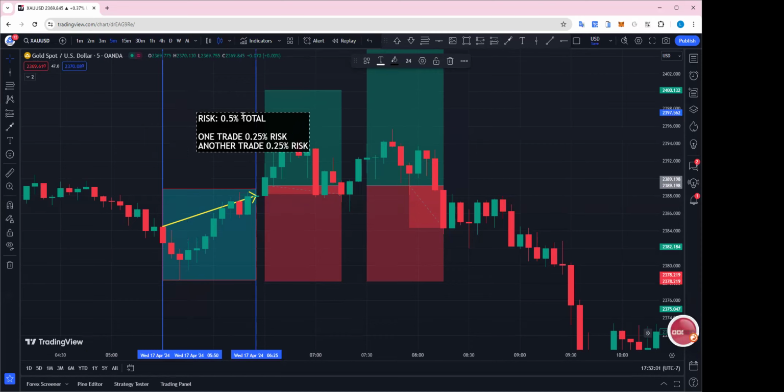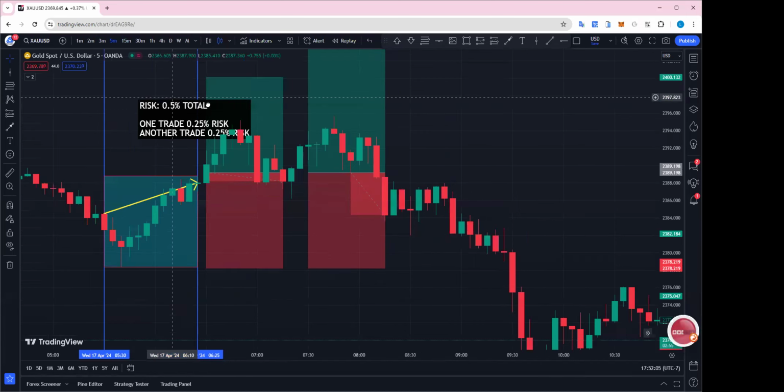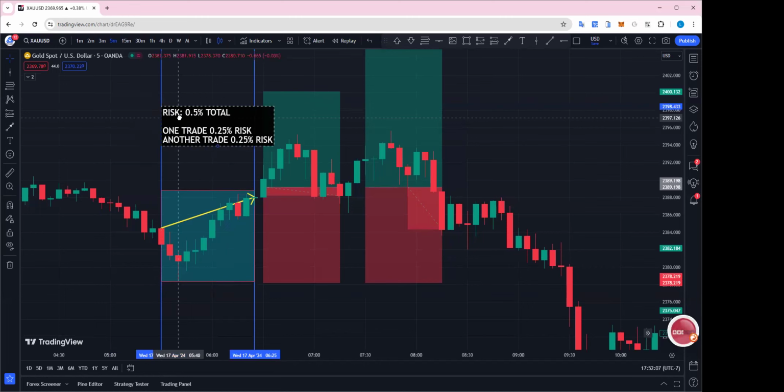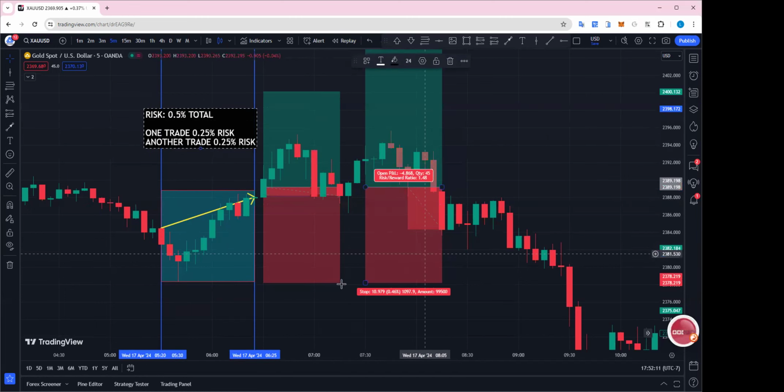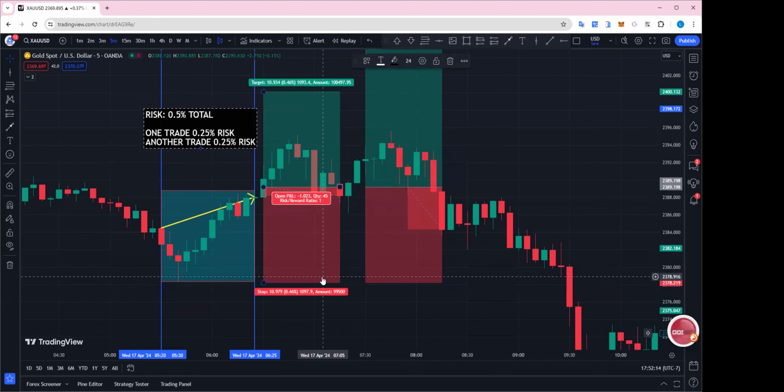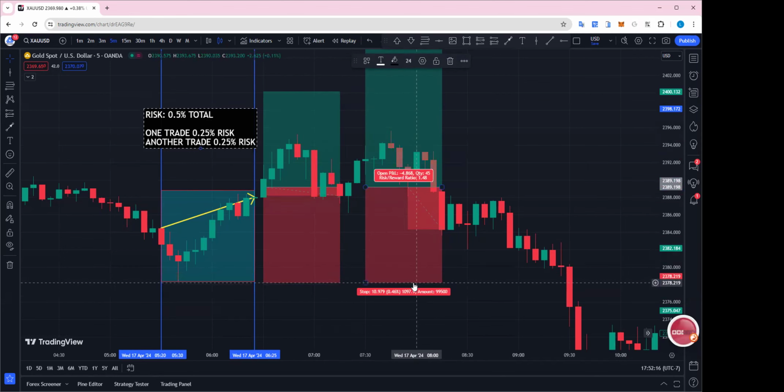That way, you're not risking more than your risk tolerance. For me, it's 0.5%, okay? So I lost the 2 trades, but at the end, I lost 0.25% here and 0.25% here. That's 0.5%, okay?